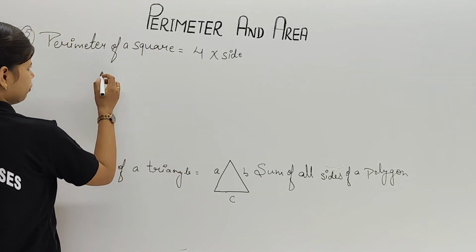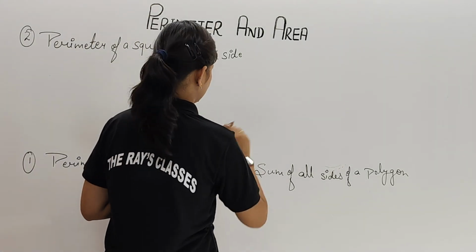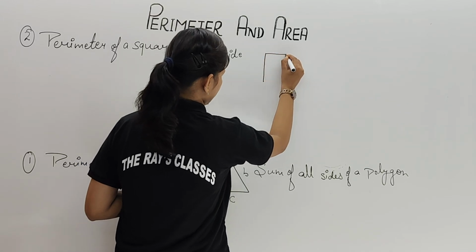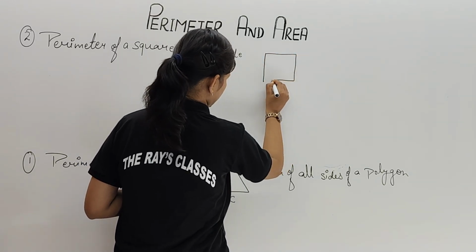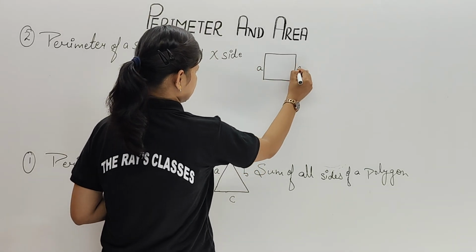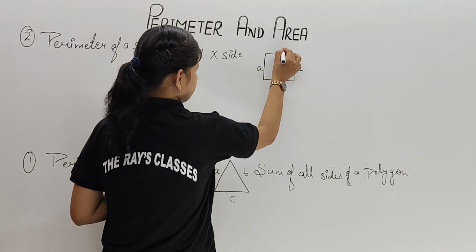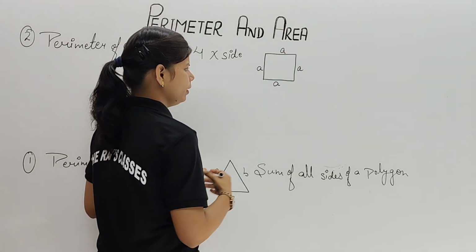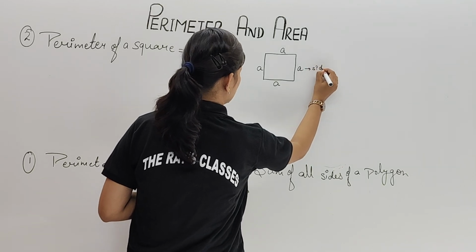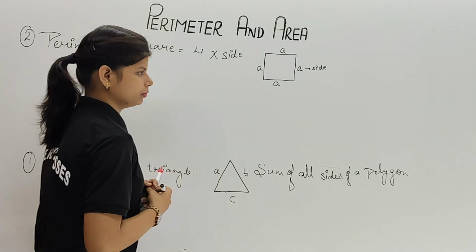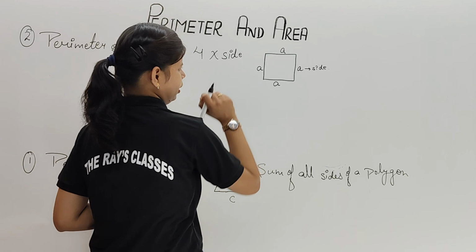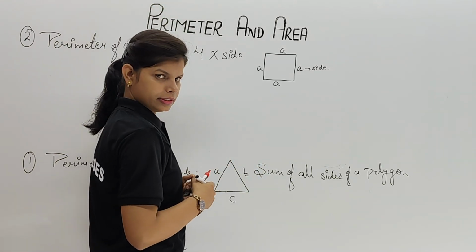For example, if our figure is given like this, we are talking about a square. If this is our square shape, clear, no? Now these are all your sides. I can write side as a hint also. So what formula are you going to make? How many sides do we have here? A and A. We have 4 sides. Clear?